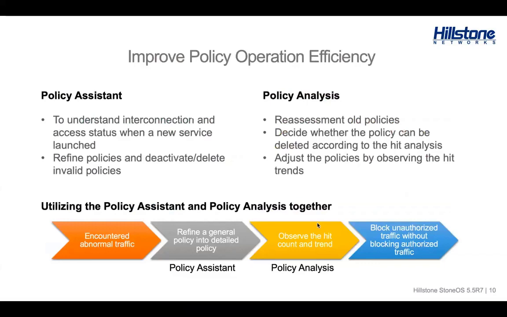One is called Policy Assistant, which helps you understand the connections when you try to launch a new service or new application. And we also have a policy analysis tool that helps you identify which policies are getting hit and when they are getting hit. You can use these 2 tools together with other tools inside StoneOS to help you manage policy.